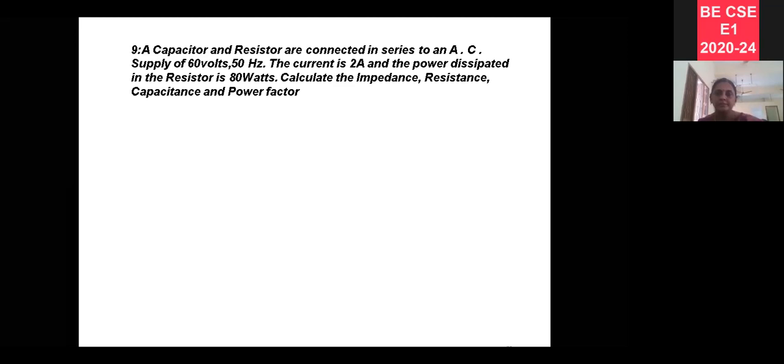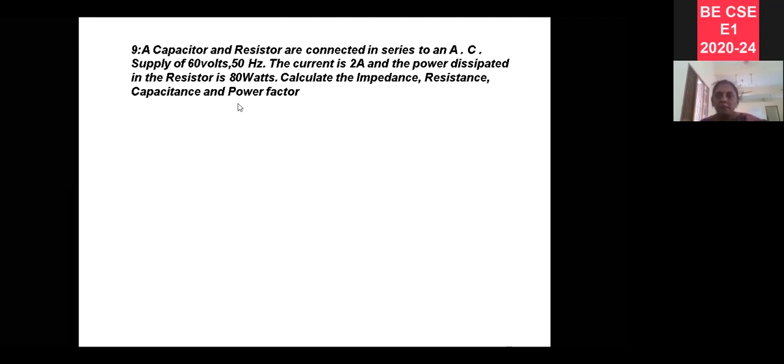Right. This is a very simple problem. Many of them would have got the answers. Now coming to the problem. Capacitor and resistor connected in series, supply voltage is given, current is given. You have to calculate the impedance.